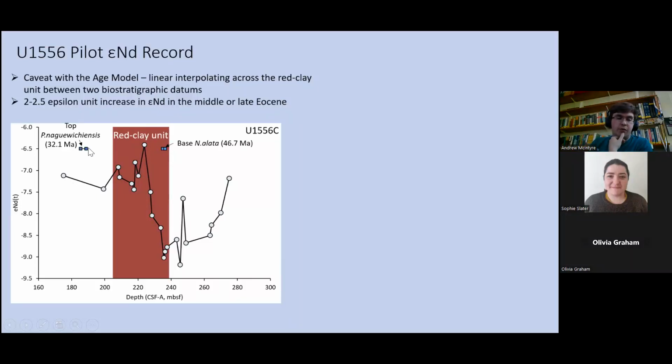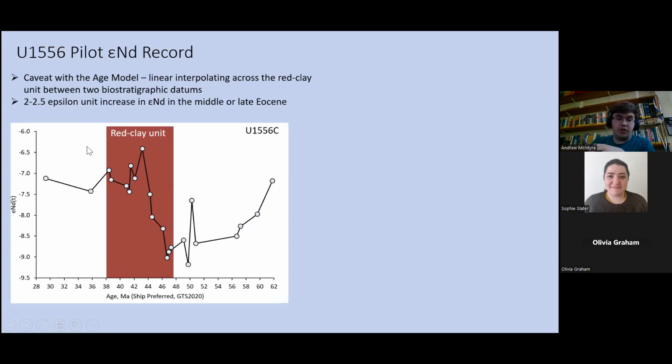And currently we have to assume a linear sedimentation rate, and using that linear sedimentation rate, we can get an idea roughly of when we think this shift occurs. But there's a caveat with the exact timing of this shift at the moment. Hopefully with some refined age model work, we can work out exactly when this shift occurs.